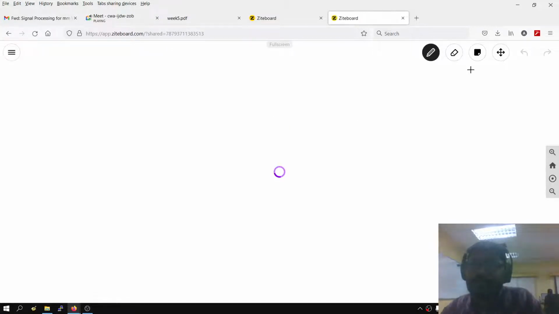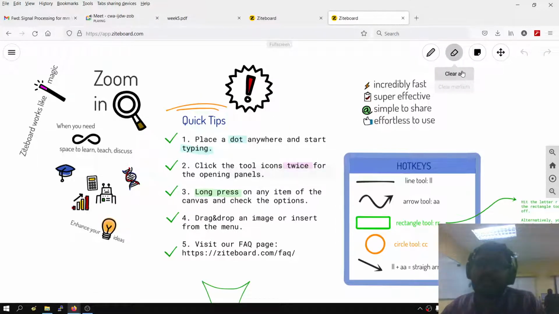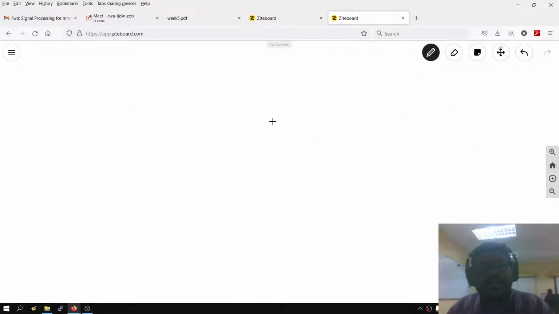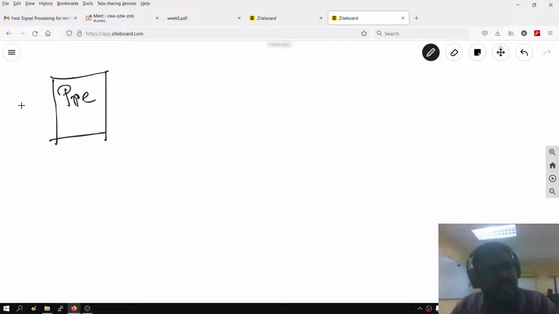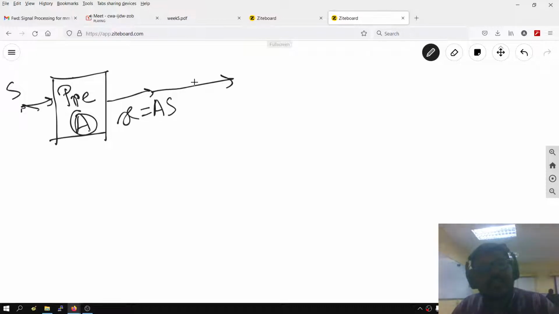The second option is an SVD based algorithm. So what is the SVD based algorithm here? In the model, the precoder is used like this. There is a precoder, and some input signal is coming here, and this precoder is A. When the signal passes through the precoder, it becomes x is equal to As, and then we transmit it through the channel.